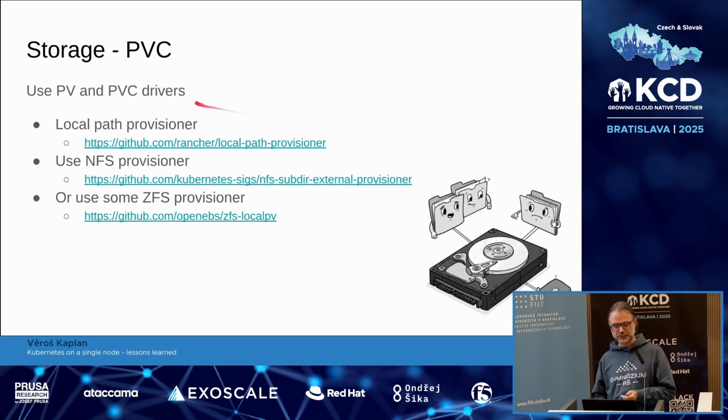Unfortunately, you can't use local path provisioner when you would like to expand to more than one machine or one node. You can use NFS provisioner, which is pretty easy. Setting up an NFS server is just one Ansible role, which we already have. So you can use NFS provisioner, the old and legacy, and it still works.